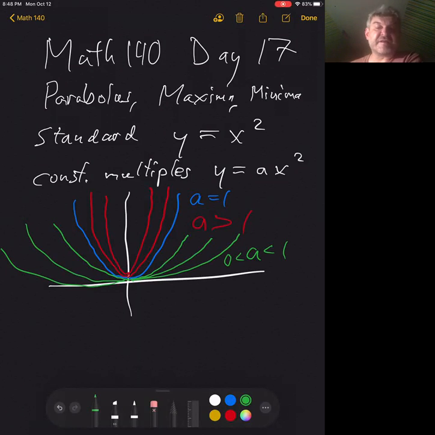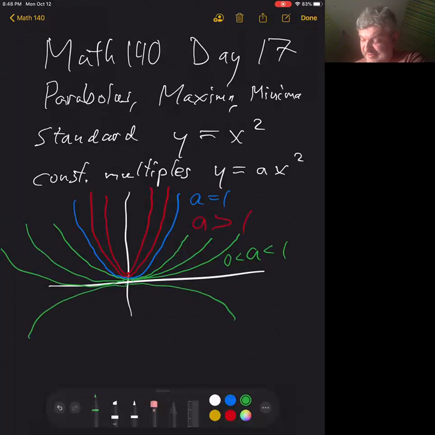Now you could have the number a being negative. And that is an equation which you could also get when you take negative y is a x squared, where a is positive, which we've seen before gives you a flip about the x-axis. So let's do that in the same colors. Like that.